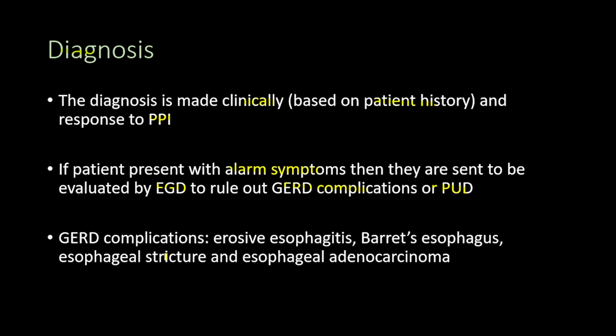Now the GERD complications include erosive esophagitis, which is the second type of GERD, and the Barrett esophagus, which is the third type, and the esophageal strictures and esophageal adenocarcinoma. So we send the patient for endoscopy to rule out these complications or the peptic ulcer disease.